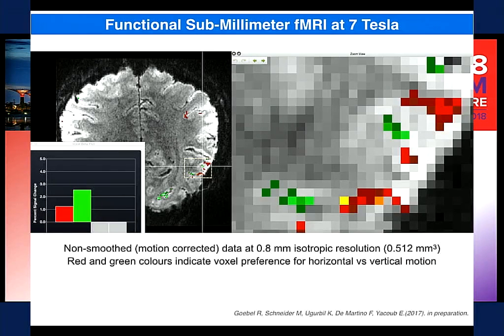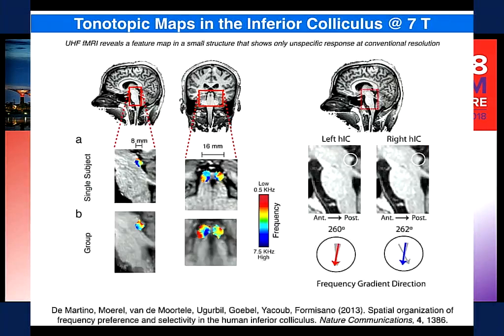But if you do, you again get benefits like seeing structure you cannot see at 3 Tesla, 2 millimeter resolution. For example, here, this is not yet cortical layers, but it's again topography, not in the huge V1 cortex, but in a tiny nucleus, the inferior colliculus. Actually, this is from an auditory experiment, the same as Svenja Kaspers has shown before in tonotopy.